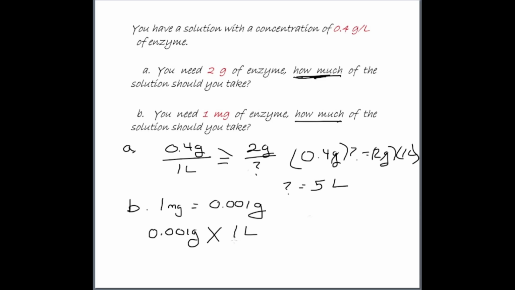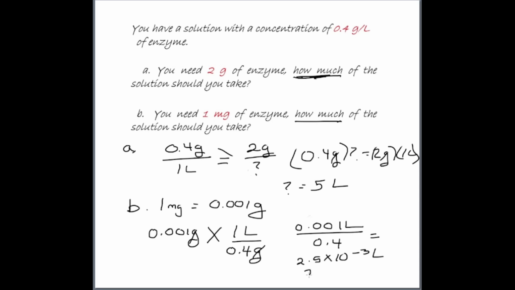So I say 1 liter has 0.4 grams. Now my grams will nicely cancel for me, and I get 0.001 liters divided by 0.4, which will give me 2.5 times 10 to the minus 3 liters.